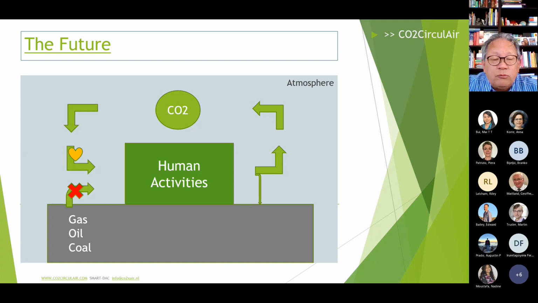What we would like to focus on is to stop using fossil sources and to use CO2, the C from CO2, as a carbon source for the future, so that we do two things at the same time. We reduce the CO2 in the atmosphere, and at the same time we use the CO2 instead of using fossil fuels.